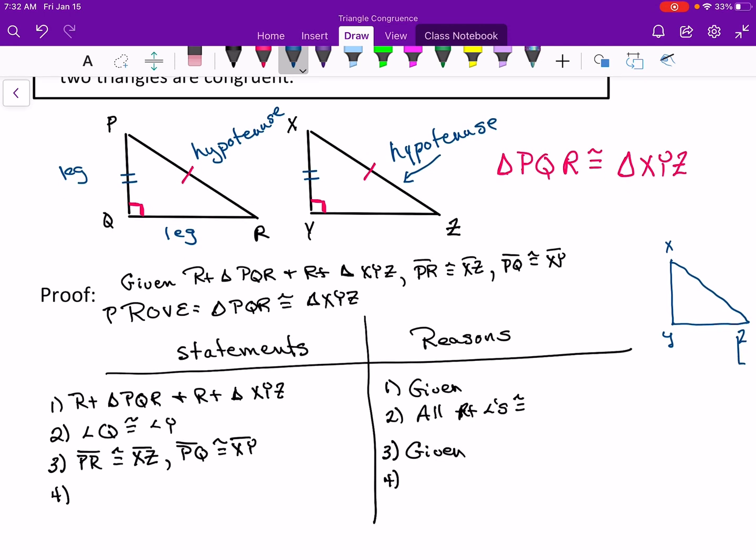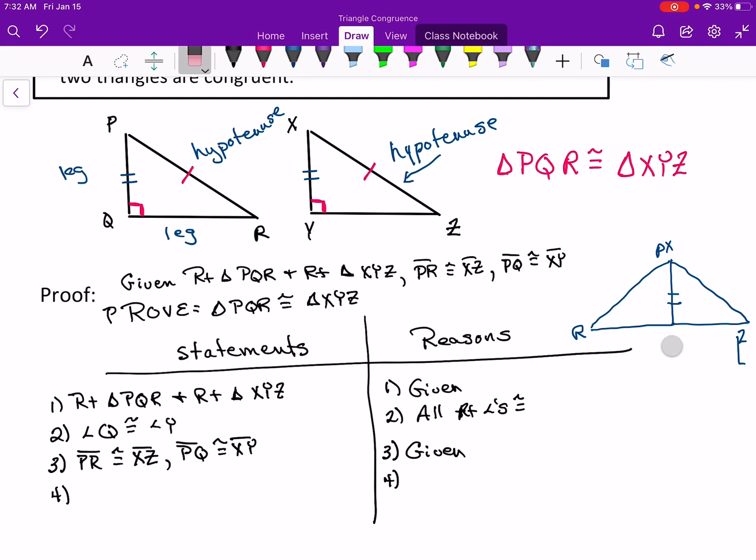And I'm going to redraw PQR so that PQ and XY just match up. I'm going to put them on opposite sides of each other. Since they're the same length, it's going to look a little weird, but I'm allowed to do that.